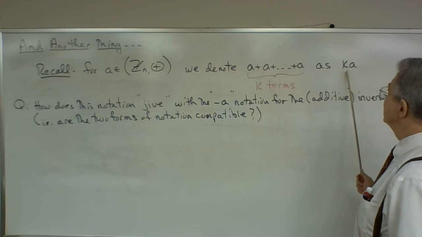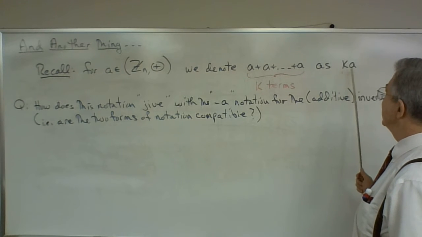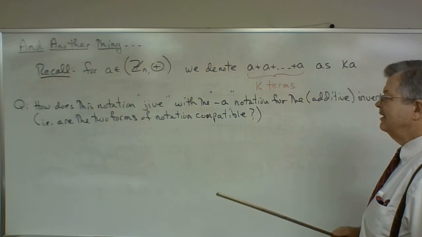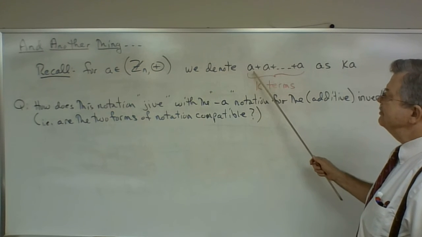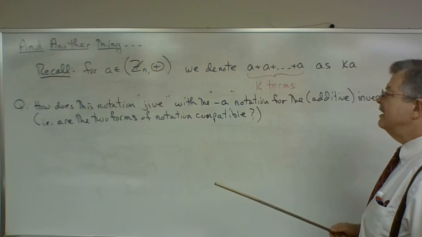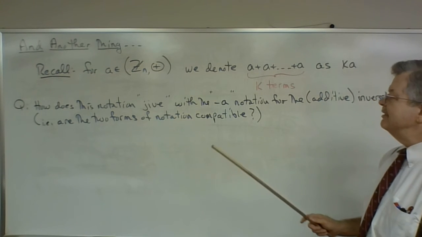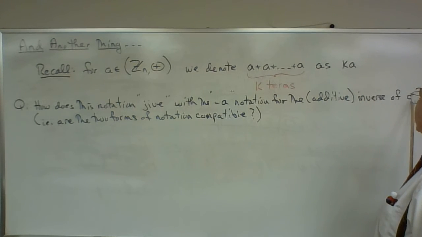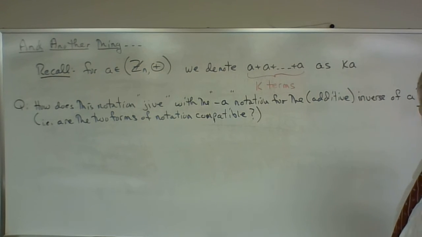Is this style of notation, kA to represent the sum of k terms, or a repetitive sum of A where A is a term k times, is that compatible with the negative A notation for the additive inverse of A?